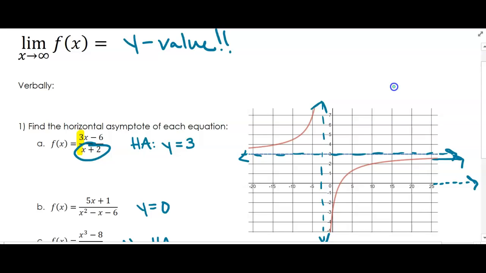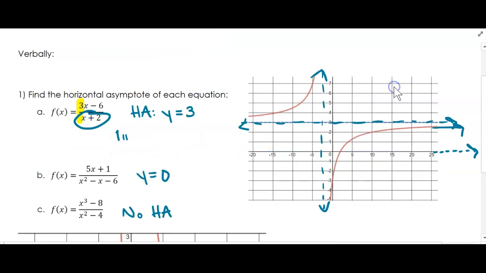And so if I'm thinking about the limit as x approaches infinity, as my x values get really, really big, of f of x, what y value is my graph approaching? Well, it's approaching 3. Folks, you have just done your first limit of AP Calculus.